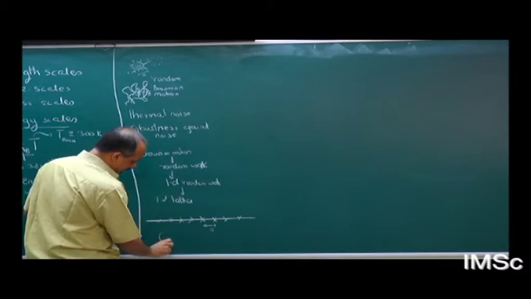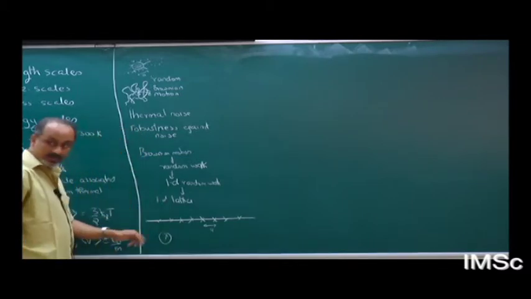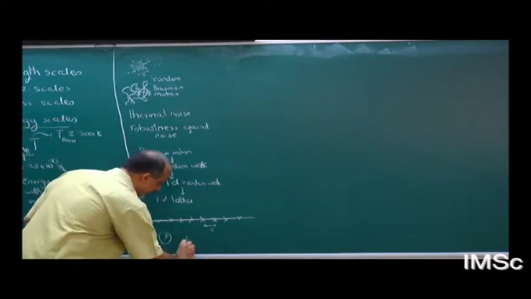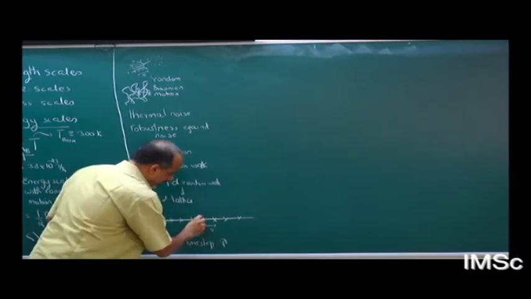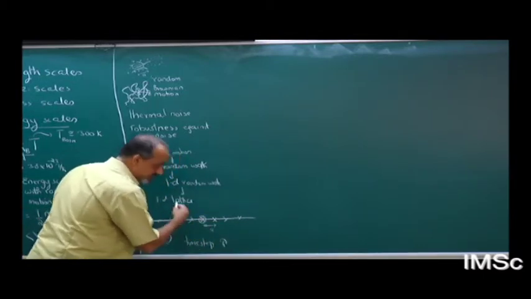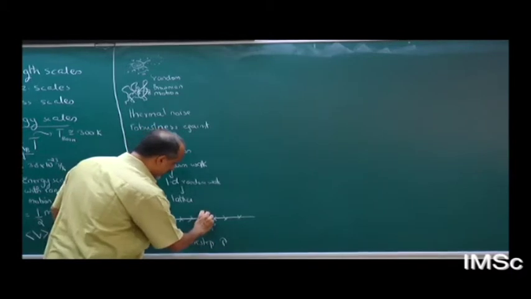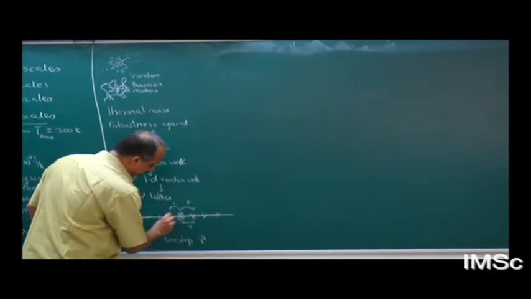Then we said let us say we have a timer. Every time this timer ticks, the particle can hop either to the left or to the right. So if you have a certain time step, tau, this random walker, or the Brownian particle, hops either to the left or to the right. If it hops to the right in one step, it is now at this point. If it hops to the left, it is now at this point.